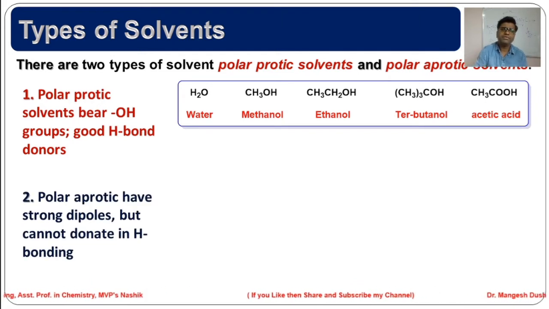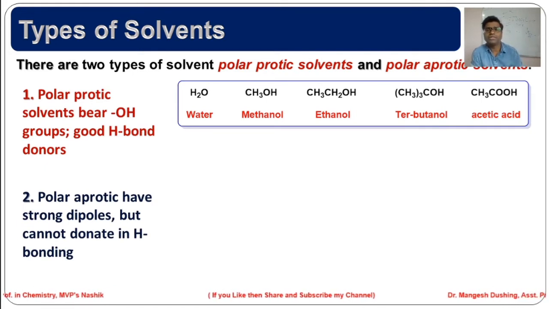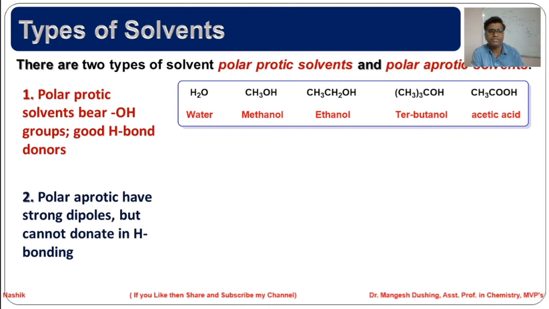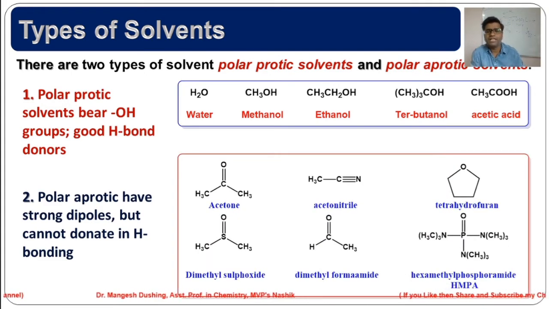The second type of solvent is polar aprotic solvents. Polar aprotic solvents have strong dipoles but cannot donate hydrogen bonds. They are still polar solvents, but aprotic means there are no exchangeable protons, so they cannot form a hydrogen bond. The solvents are like acetone, acetonitrile, tetrahydrofuran, dimethyl sulfoxide, dimethyl formamide, and HMPA, that is hexamethyl phosphoramide.